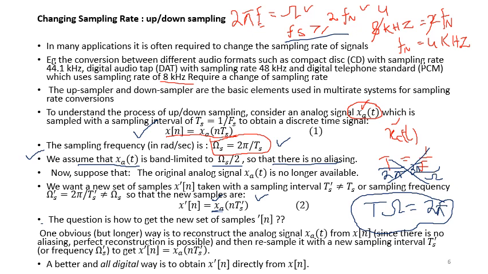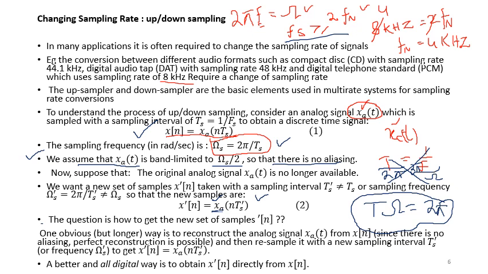The easy way is to reconstruct the signal. That means we convert the discrete-time signal back to the analog signal, and after that we sample it with our desired sampling frequency.